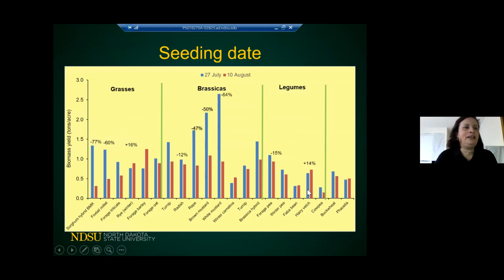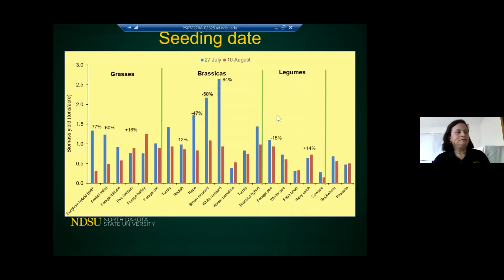The same with legumes: forage peas still reduced, but not as much as the brassicas, and hairy vetch actually increased in yield on the second date. This is key for selecting a cover crop or cover crop mix, especially for fall seeding right after a cereal crop.